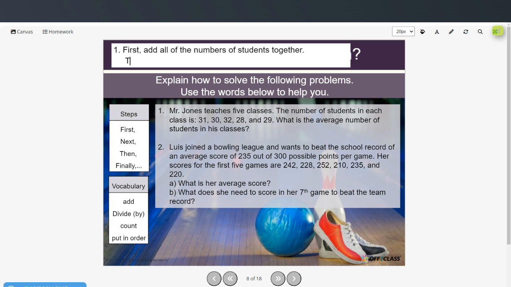Then, or next, count the number of classes.